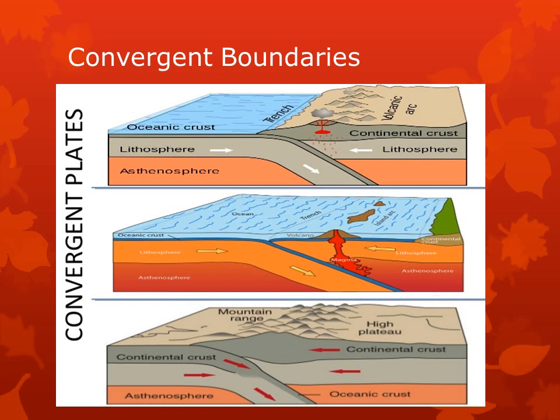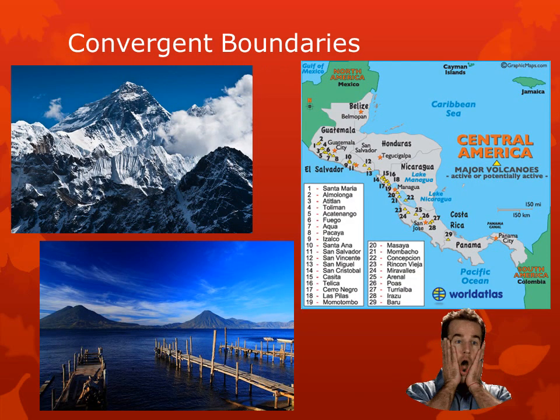The cooling effect of the ocean causes the plates to melt, forming volcanoes. The last one at the bottom, two continental plates cause each other to push up, forming mountains.